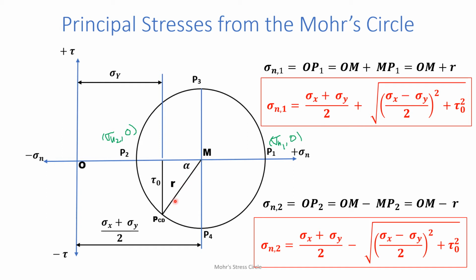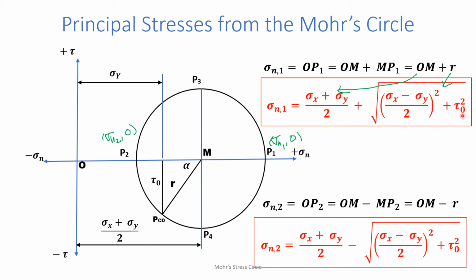MP1 is the same as MPCD, equal to the radius. Substitute the values of OM and the radius. We get the sigma n1 value: sigma x plus sigma y by 2 plus the square root of sigma x minus sigma y by 2 whole square plus tau naught square.